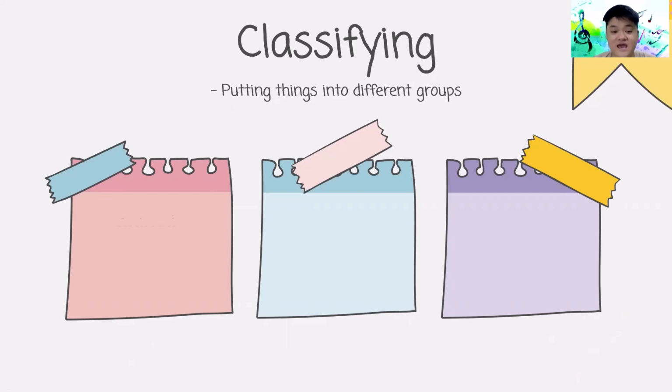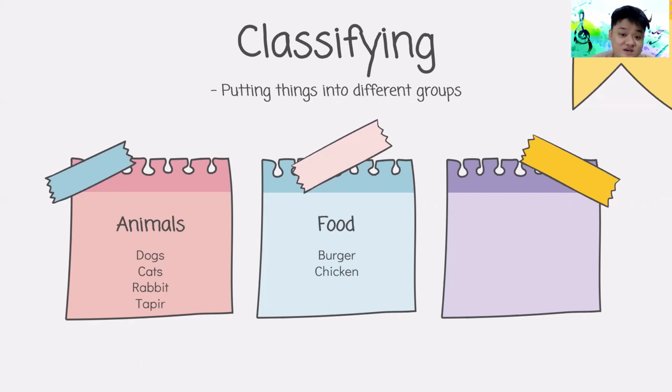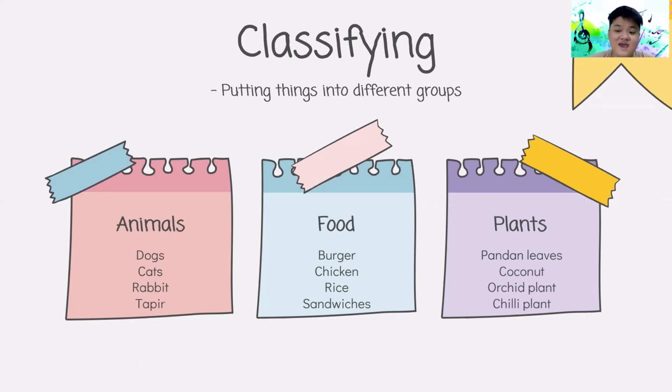For example, we have animals like dogs, cats, rabbit, and tapir. And another group would be food, burger, chicken, rice, and sandwiches. We also have another group, plants, which are like pandan leaves, coconut, orchid plant, and chili plant. So these are the different types of groups which we can put things into.